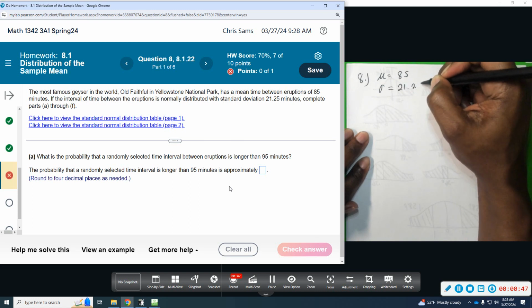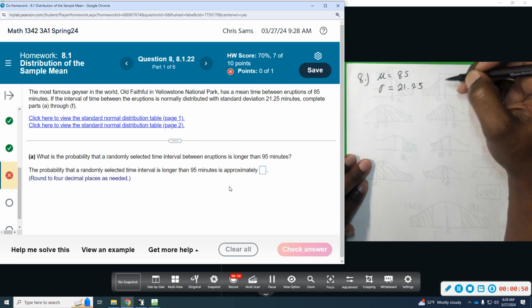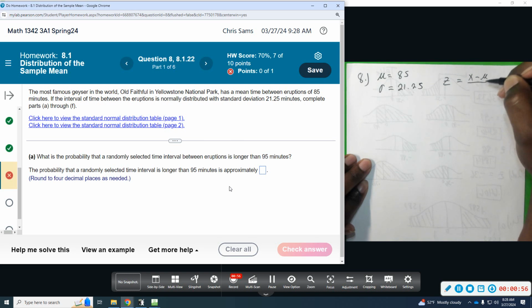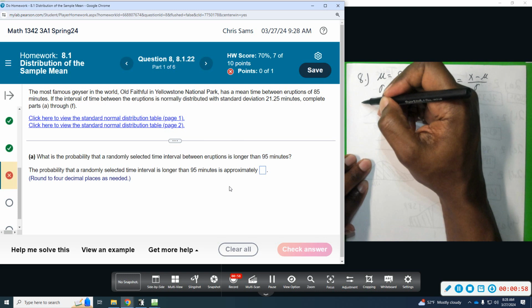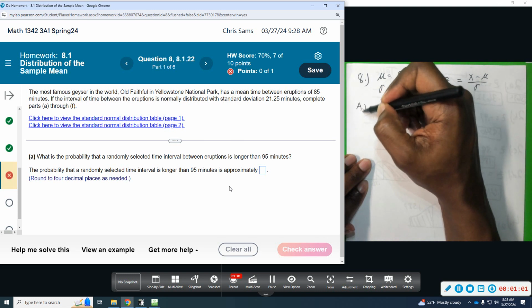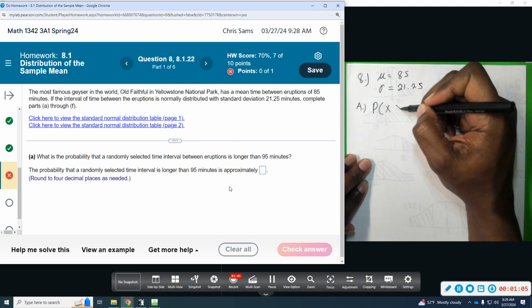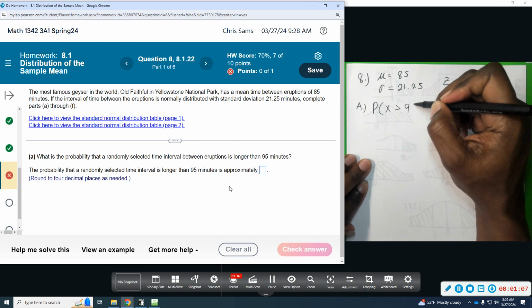And we're told that it's normally distributed, so we know we can use the Z formula. Z equals X minus mean over sigma. So part A, we are looking for the probability that any eruption is going to be greater than 95 minutes.